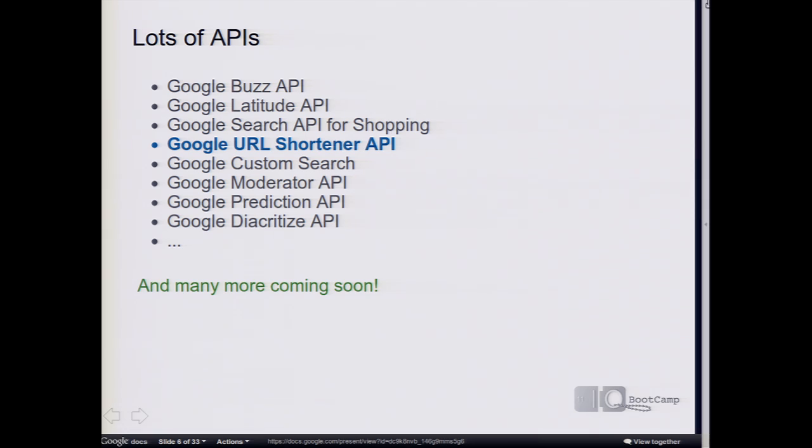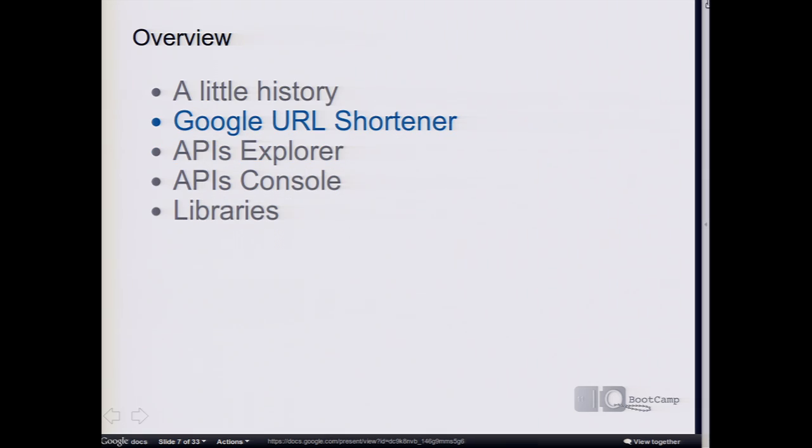Then you can go back and use the Prediction API a second time to say, okay, I've got this one sample, what do you predict is going to happen with that data? That's really cool. And Diacritize allows you to pass in non-English languages and get diacritical marks for them on how to pronounce them. And like I said, possibly many more coming soon.